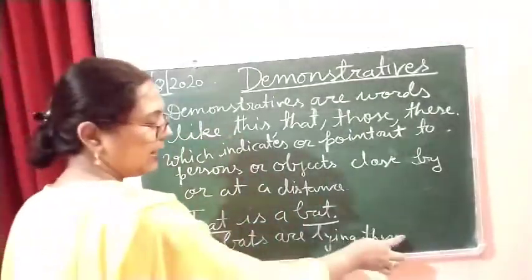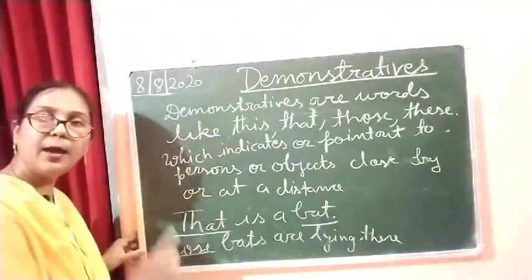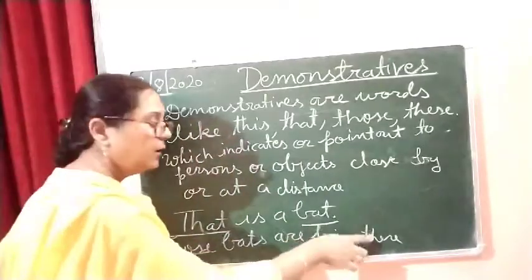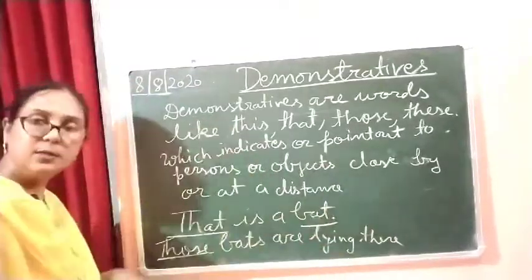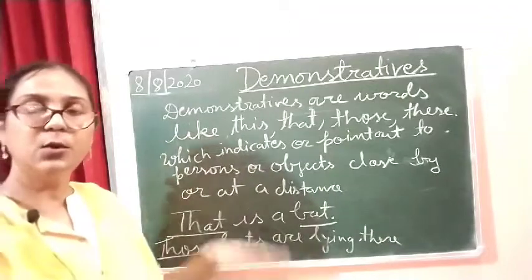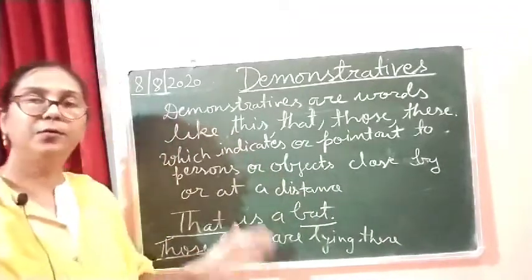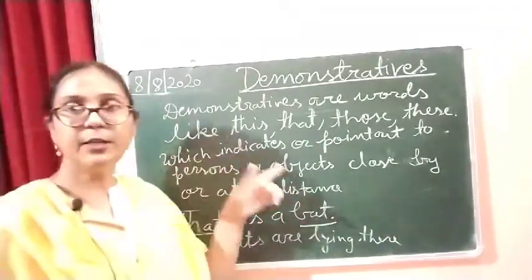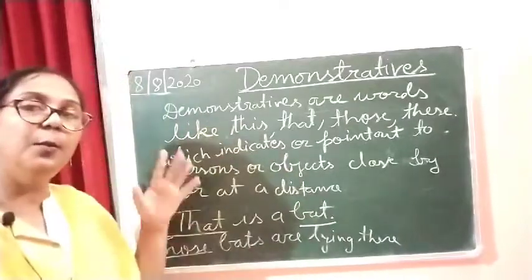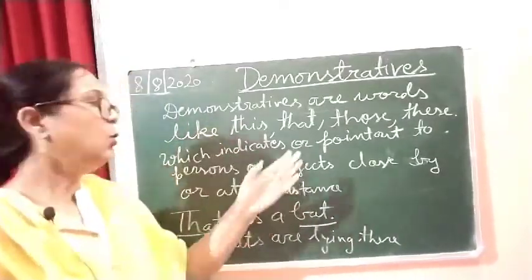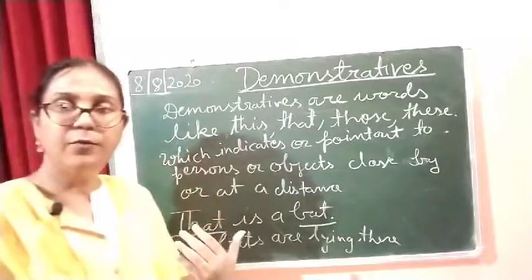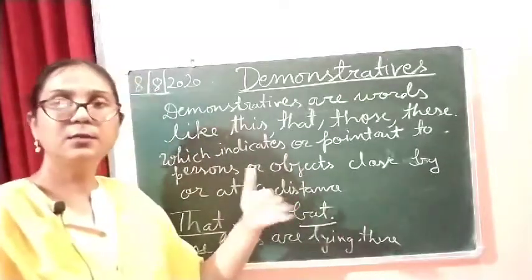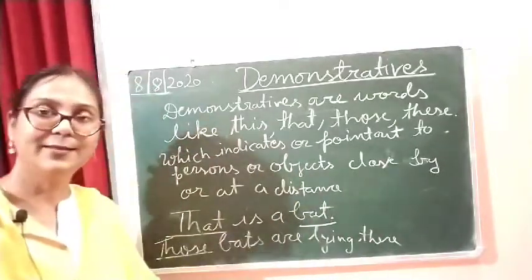Those bats are lying there. We are talking about the bats which were lying in some place. So this is the use of demonstratives, to point out or indicate a person or thing which is far or near, or at a distance.